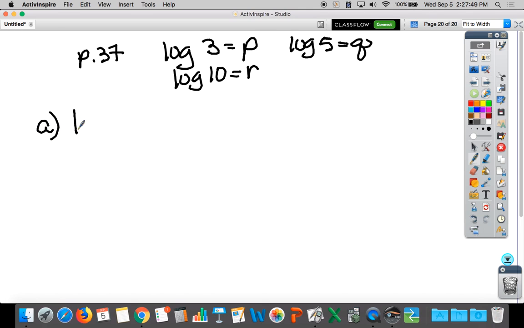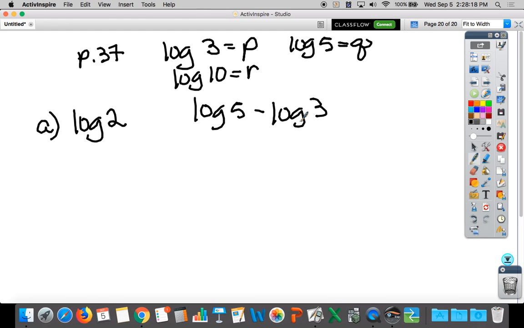So the first one is log 2. Now, what some people were trying to do is they said log 5 minus log 3. Do that in your calculator. Log 5 minus log 3. And then do log 2. I do not believe they'll be equivalent.